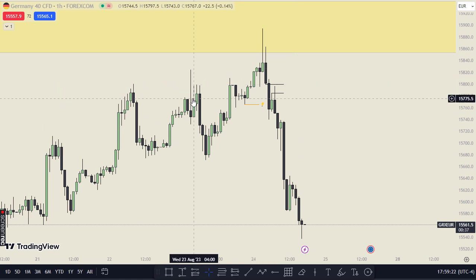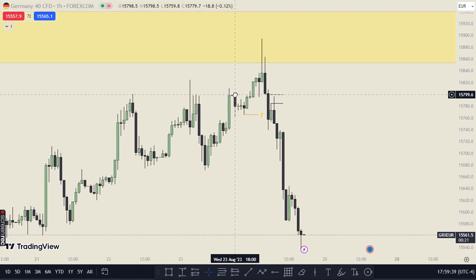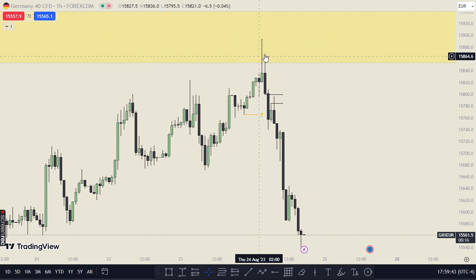If you skip time frames and went straight to the 1 hour, you can see that this market structure shift is fake and price violated that. So we wait for that retracement to the daily PD array, right? And only then we wait for a market structure shift, and then we zoom in to the next time frame to look for entries.